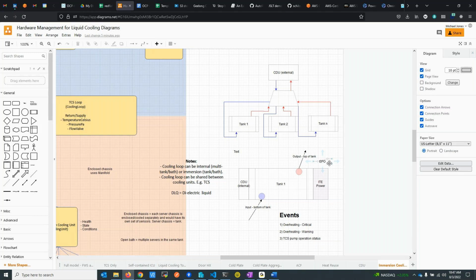But I was more referring to, is there any danger with the cooling fluid itself if the CDU? I'm guessing the CDU itself has its own internal cutoffs where it'll just stop.